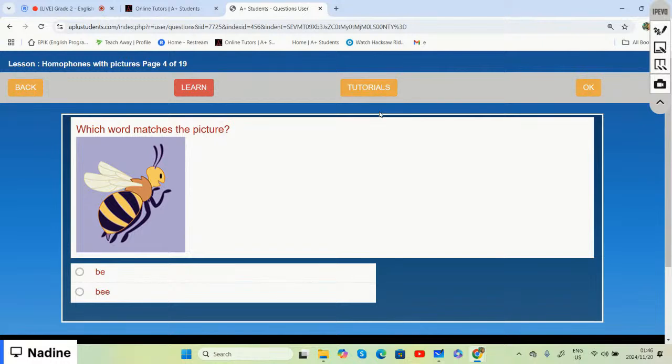We now need to say which word matches the picture. And we would say it's bee, which is B double E.